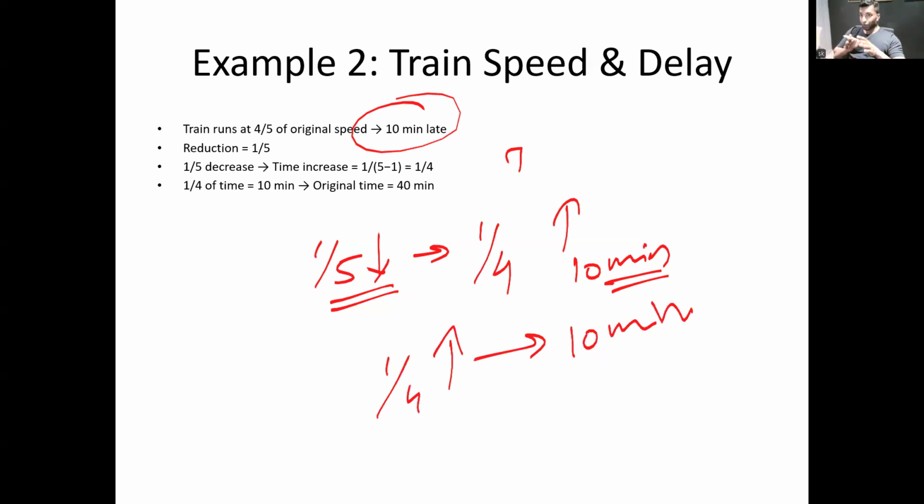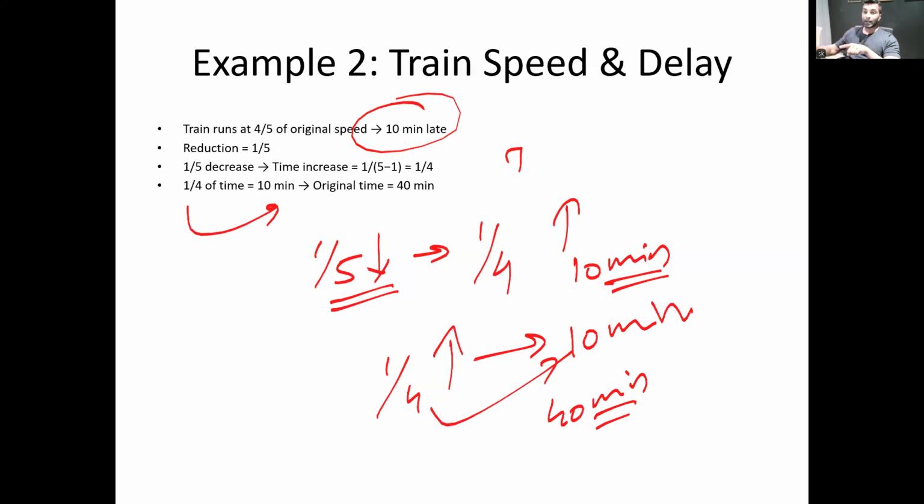So 1/4 of the original time is 10 minutes, because you are 10 minutes late and you are supposed to be late by 1/4 of the original time. Correct? So the original time will be 40 minutes. So if they're asking what the usual time is, it is going to be 40 minutes.